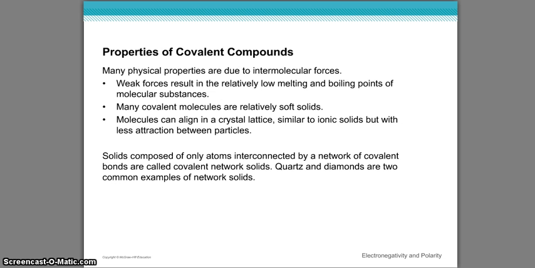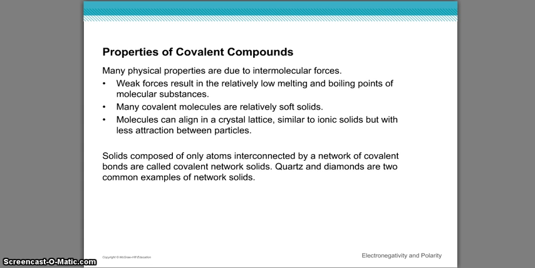For example, covalently bonded compounds or molecular compounds have relatively low melting and boiling points compared to ionic compounds. They're going to be a whole lot lower. A lot of the molecular compounds will be soft, so if you hit them with a hammer, they might bend. Things like wax and plastic and things like that that are not crystalline are going to be really soft in comparison.